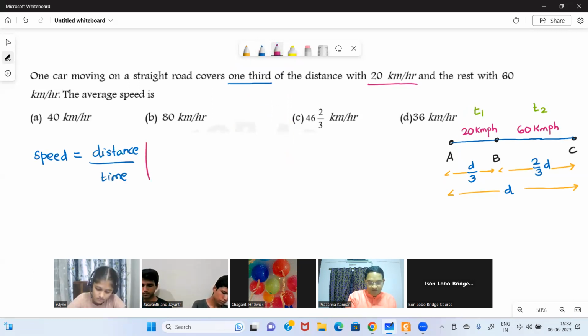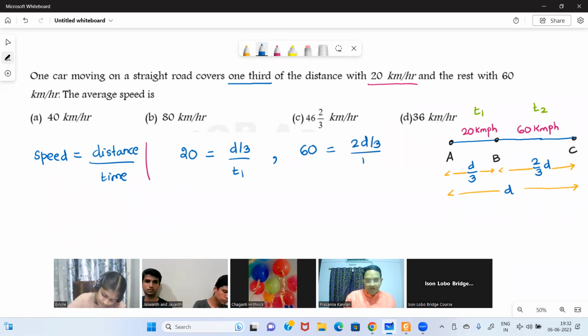So for the first part, the speed is 20 km per hour, distance is D by 3, divided by T1. And for the second part of the journey, 60 is equal to 2D by 3 divided by T2.